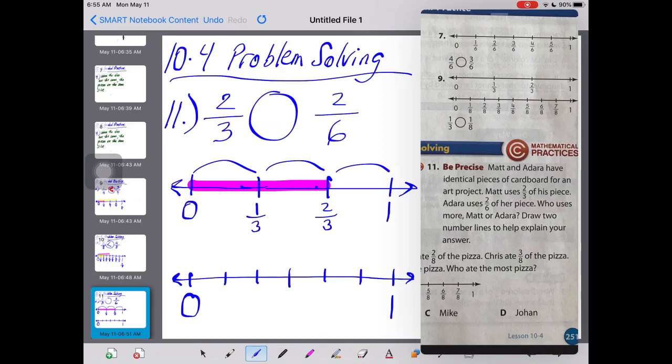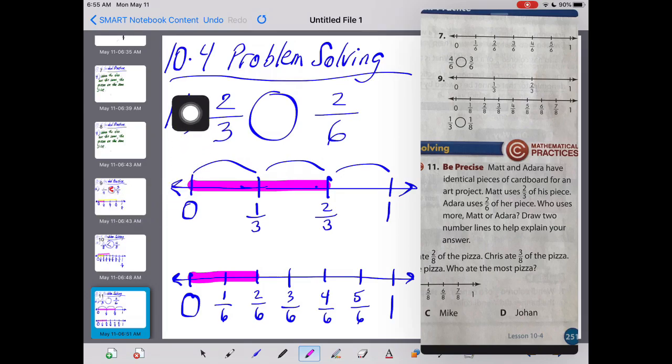Wow, look at how much smaller her individual pieces are. 1 sixth, 2 sixths, 3 sixths, 4 sixths, 5 sixths, and then the entire piece would be 6 sixths. And hers, she had 2 pieces also, right? So 1, 2. Wow. Her 2 pieces are much smaller.